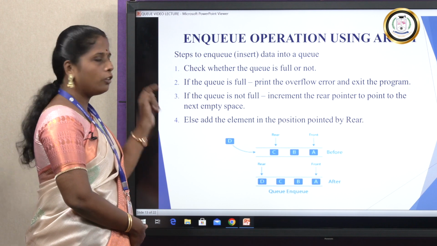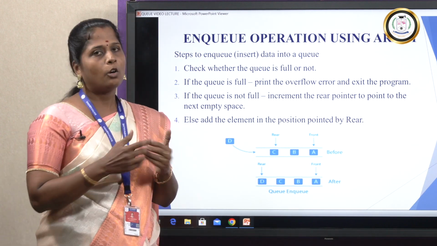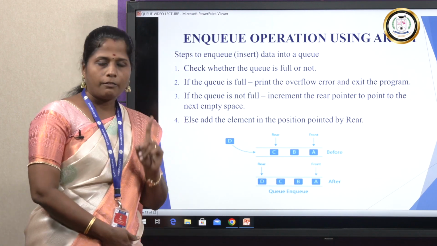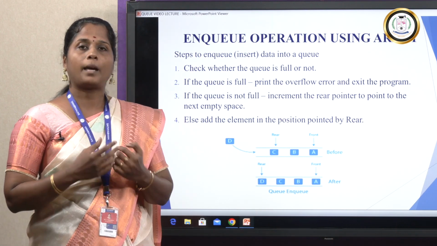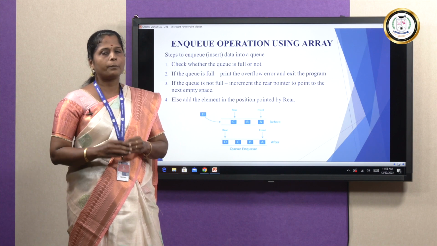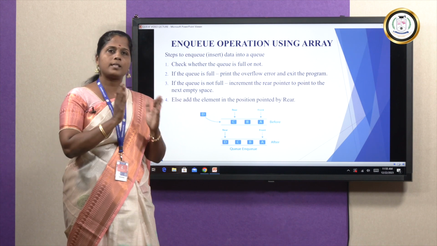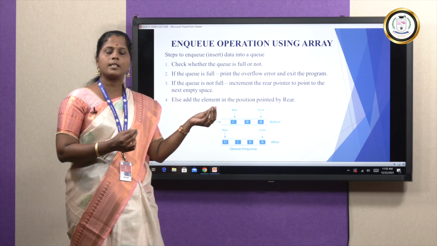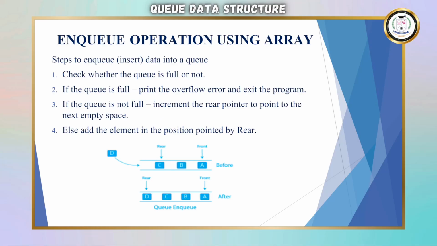If our queue is full, we need to display an overflow error message. If the queue is not full, we need to check whether the queue is empty or not. This is because if a queue is empty, we need to increment both the front variable as well as the rear variable. The rear is the place where we are going to insert an element in the queue. If a queue is empty, initially both front and rear are equal to -1.